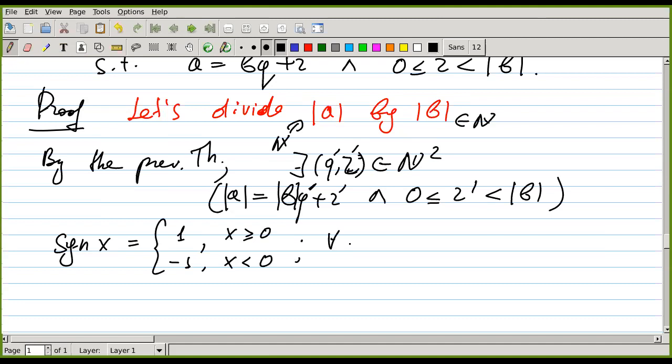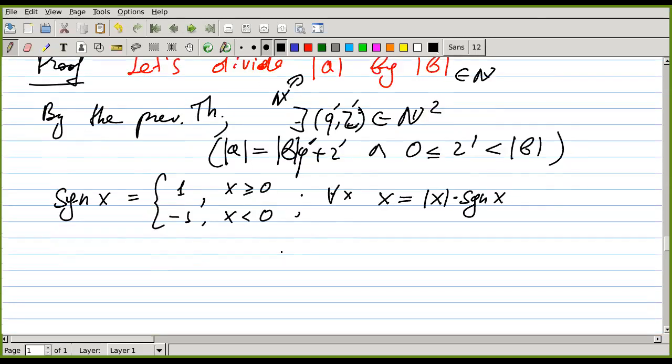And I have the following simple formula. Every number equals its absolute value multiplied by its sign. Do you agree? Yes. And of course, as this sign is non-zero, it is possible to divide by it.